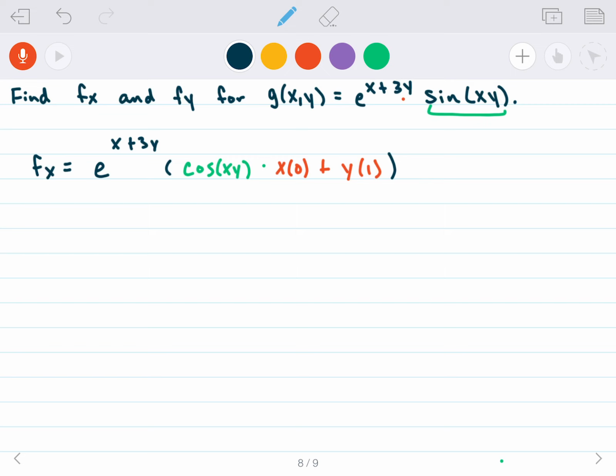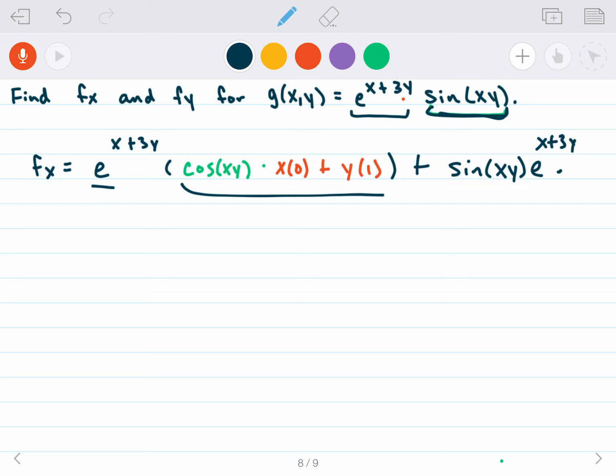So, let's review what we just did. We're using the product rule. We kept the first times the derivative of the second. This is the second right here. Plus keep the second, sine of xy, times the derivative of the first. Well, the derivative of e to the x plus 3y is just e to the x plus 3y times the derivative of x plus 3y. Derivative of x is 1. The derivative of 3y is 0, right?